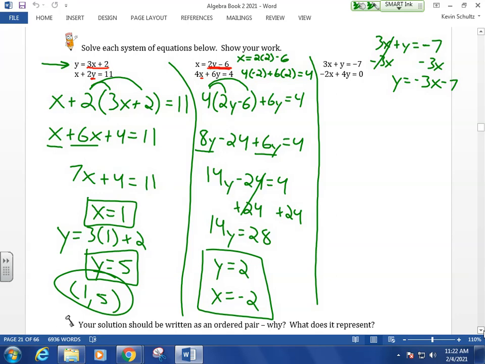And then from there, now that we have an expression for y, which is equal to -3x minus 7, we're going to replace the y variable in the second equation with that expression. So we're going to get -2x plus 4, but instead of y, we've got -3x minus 7, and all of that equals 0. Okay.